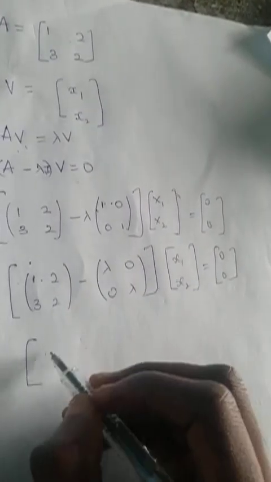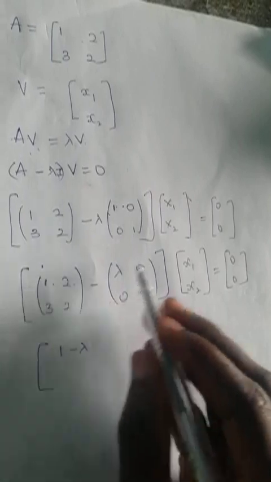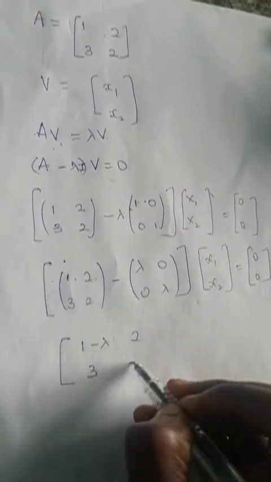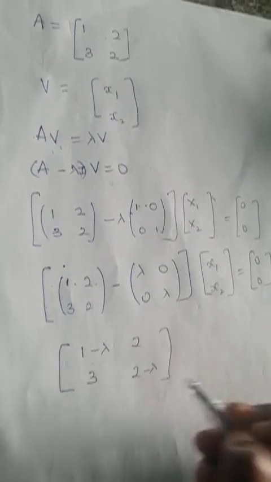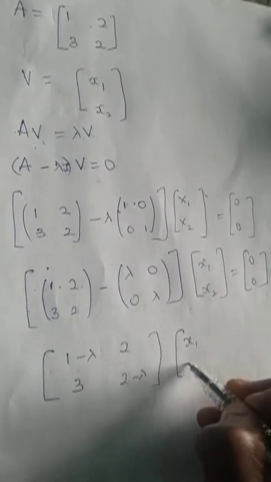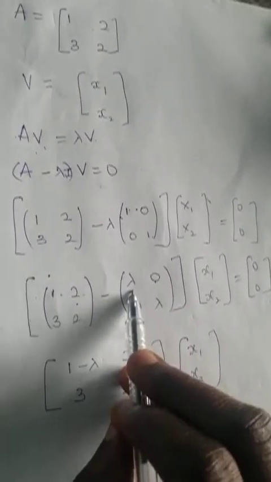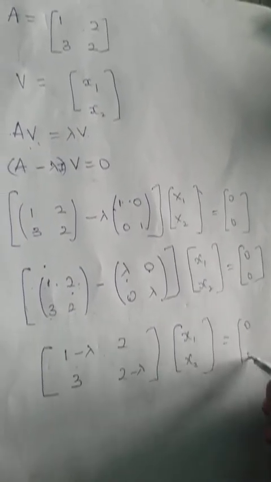If you subtract this, you have 1 minus lambda, 2 minus 0 is 2, 3 minus 0 is 3, 2 minus lambda is 2 minus lambda. Then x1, x2. That's subtraction of matrix. You take this cell minus this cell, and so on, equals to what? 0.